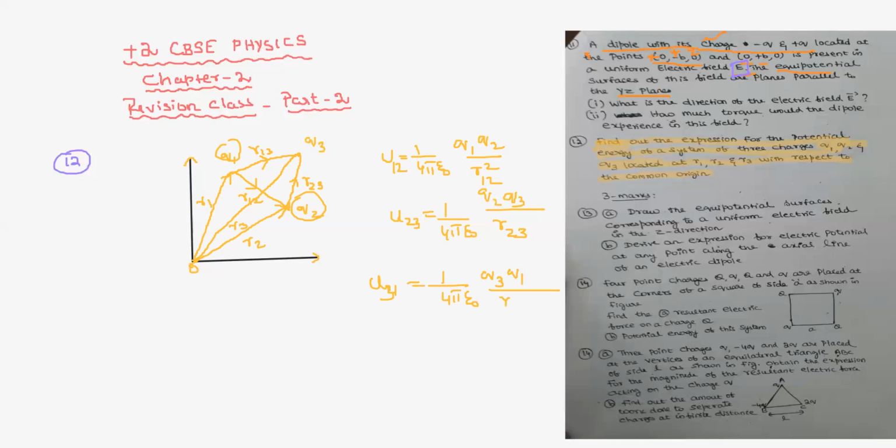So the total potential energy will be the sum of all these three potential energies.